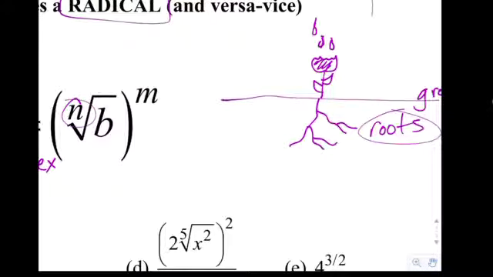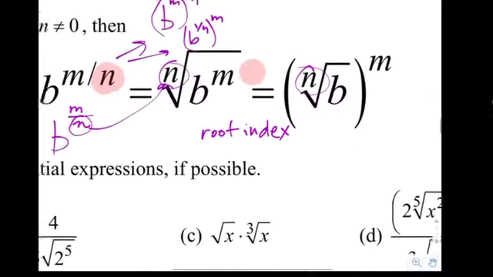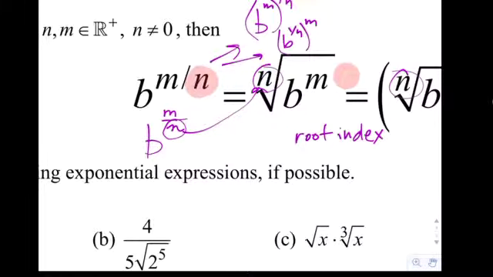Prince's purple tulips with purple leaves were watered by purple rain, but his purple roots grew underground, okay? And so when you see the fraction, the denominator is kind of underground. That is the root, okay? So it's going to go in the little radical crotch right there. If you were to drop that n, it would hit here and slide into that v. So that is the nth root of b to the m.